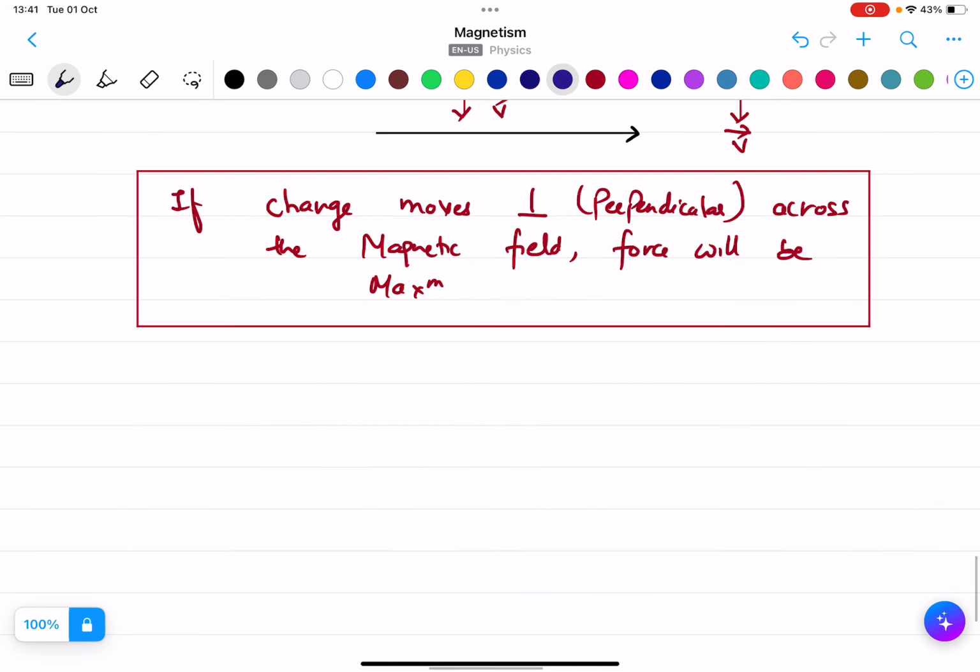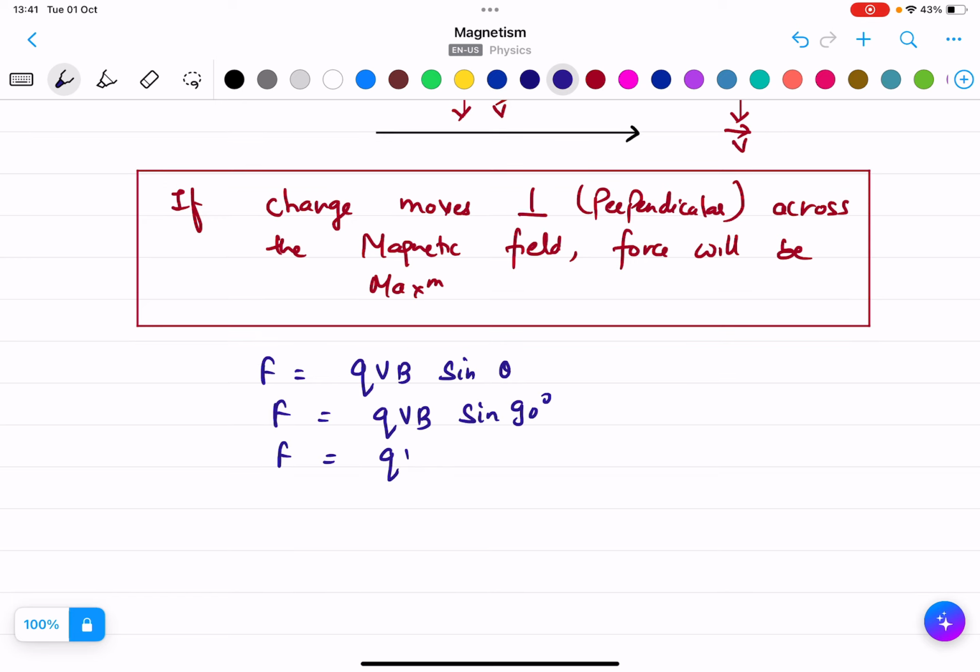So what will be your force? F equals QVB sine theta. That means F equals QVB sine 90 degrees because it is perpendicular. Then force will be QVB because sine 90 equals 1. So that is your maximum force, QVB. So if in a question it is asked what is the maximum force, it is clear sine 90 will be equal to 1. Force maximum will be QVB.